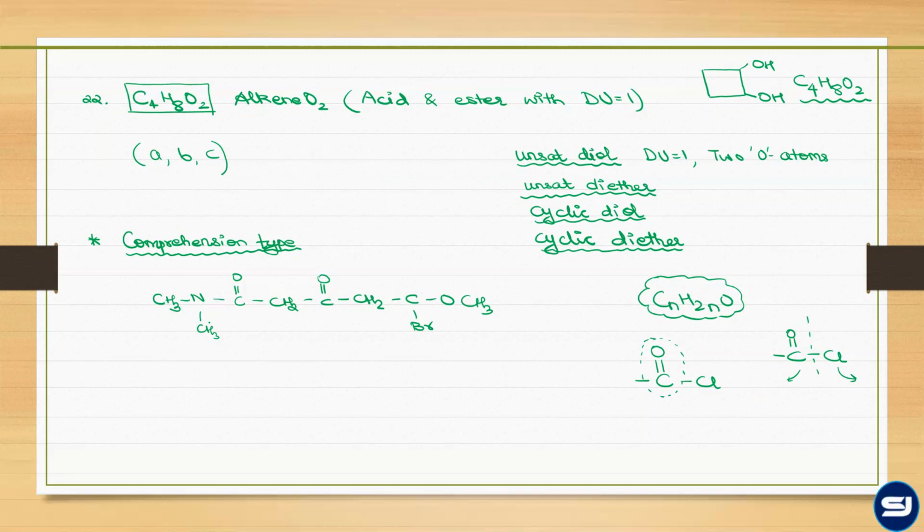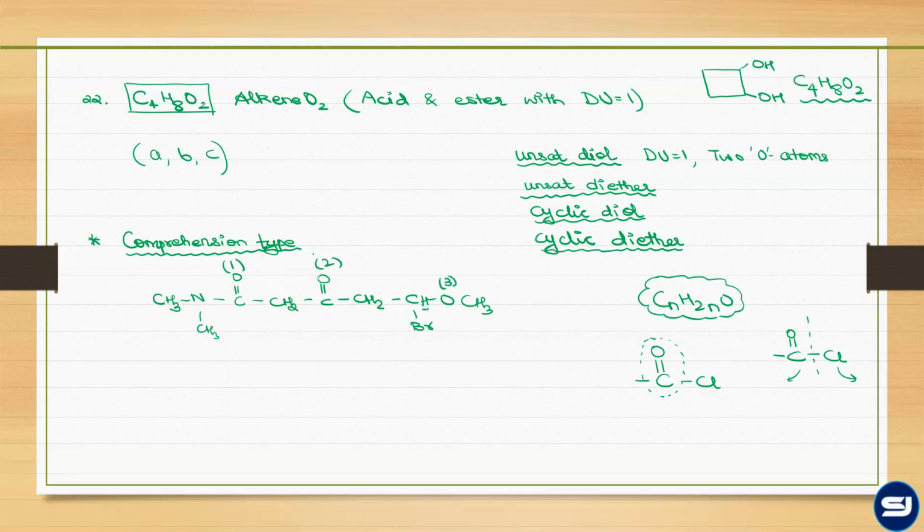Now this is the formula given: CH3, N with a CH3, carbonyl, CH2, carbonyl, CH2, CHBr and OCH3. The question is about oxygen 1, oxygen 2 and oxygen 3.